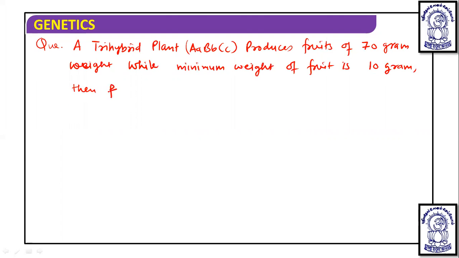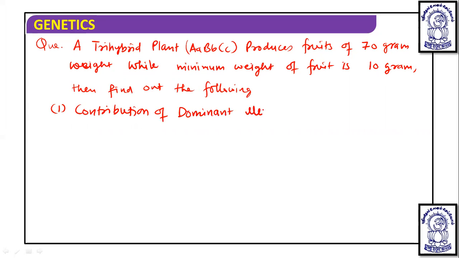So then find out the following. Number one, contribution of dominant allele. Second thing that we need to identify, the maximum weight of fruit.